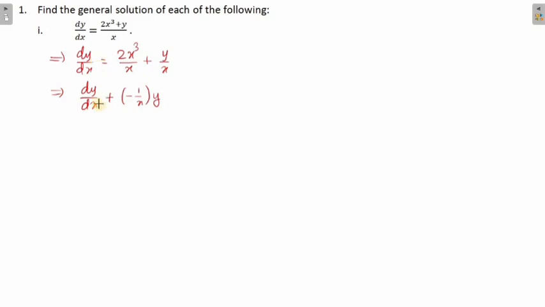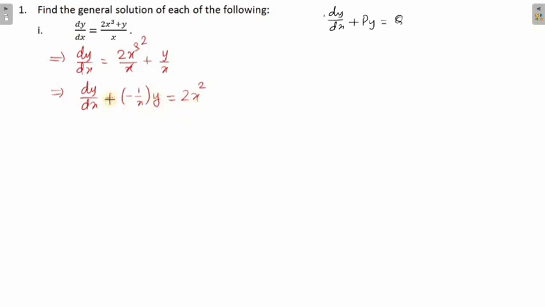But since the form is dy by dx plus Py is equal to Q, write plus here. P can be a function of x. So the value of P is minus 1 by x, equal to, and how much is left here? Here these two get cancelled, so here we have 2x squared.